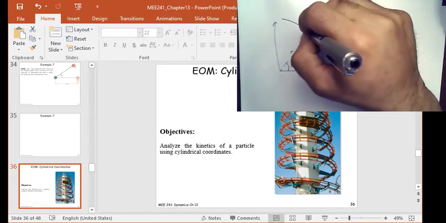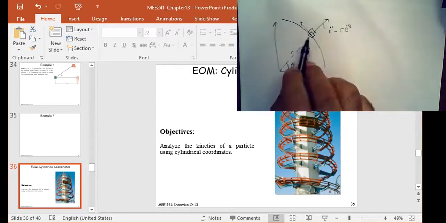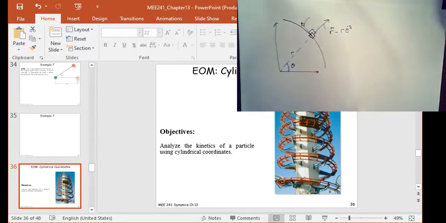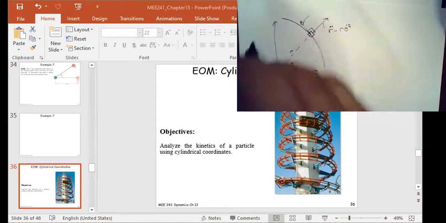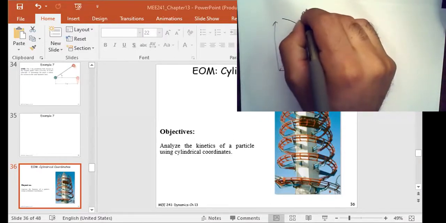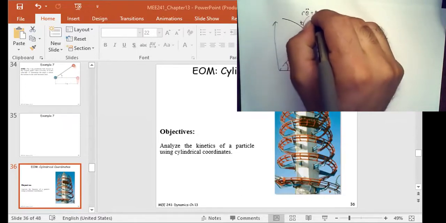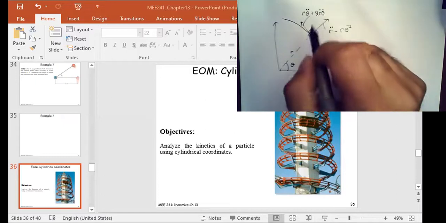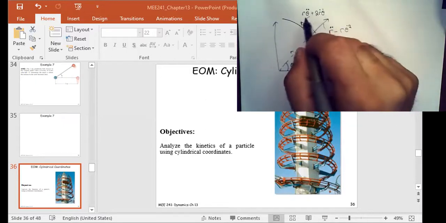It's simply perpendicular to r. Do you guys remember what that acceleration is? This acceleration is equal to r theta double dot plus 2r prime theta prime, and that is our transverse acceleration.